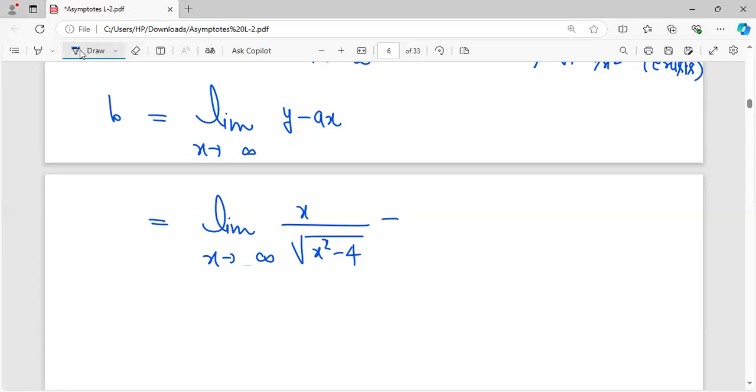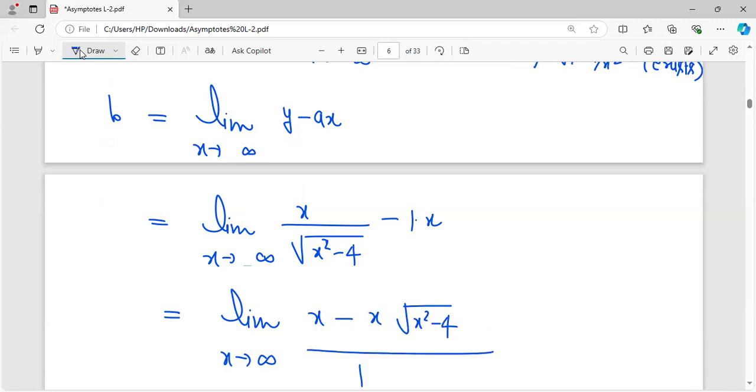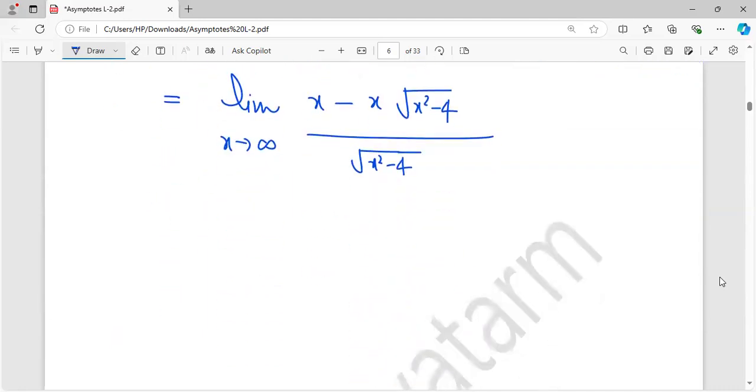So this is 1 into x. What did you get? Limit x tending to infinity of x minus under root x² − 4. Make its conjugate. After making the conjugate, what will you get?